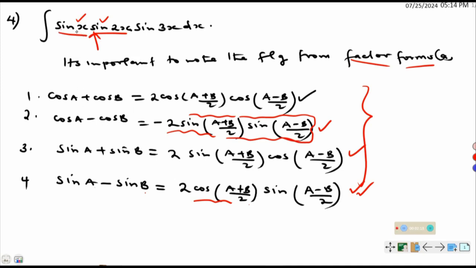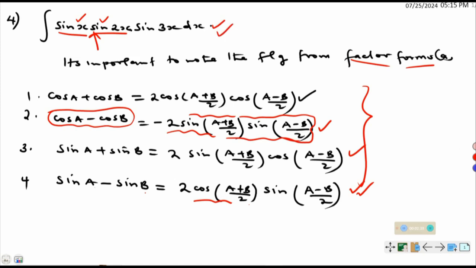Meaning that if we need an expression that will help us get sine of x times sine of 2x, then we shall think about getting an expression in the form of cos minus cos. So let us look at how best we can integrate this given expression.